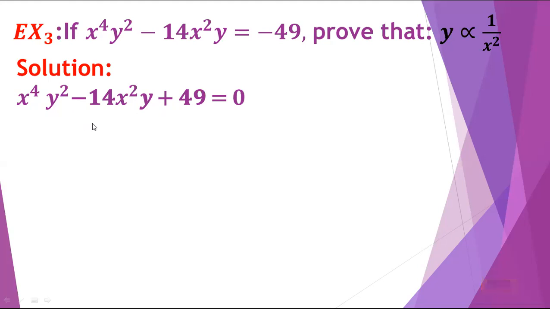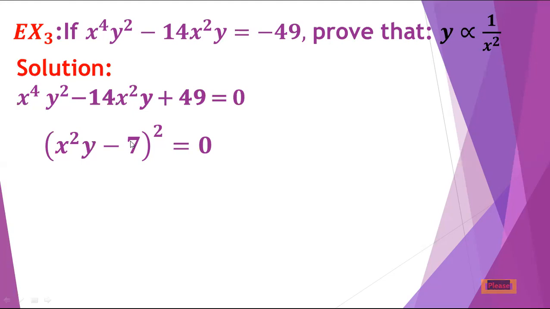Then we can factorize it as open bracket, close bracket power 2. Write the root of the first term, which is x power 2 y: root of x power 4 is x power 2, root of y power 2 is y. Write the sign of the middle, negative, and the root of the third, 7, all power 2.